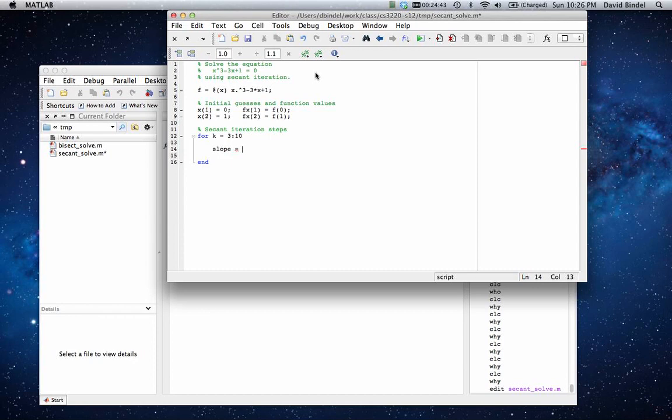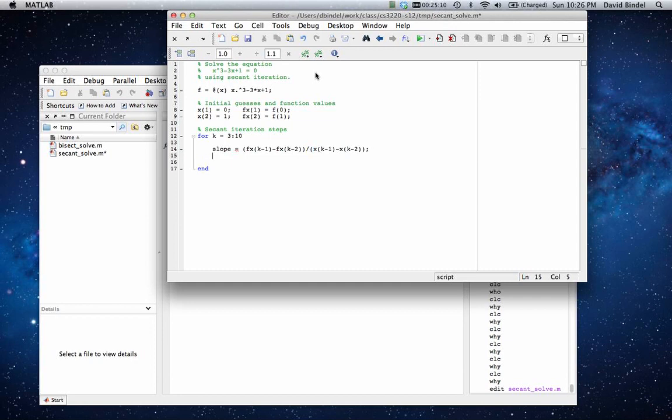The f values from the previous two iterations, and the same with x values. So at k equals 3, for example, I'm going to look at the difference between f of x2 and f of x1 divided by the difference between x2 and x1. Okay, so let's just code that. So f of x k minus 1 minus f of x k minus 2 divided by x k minus 1 minus x k minus 2.